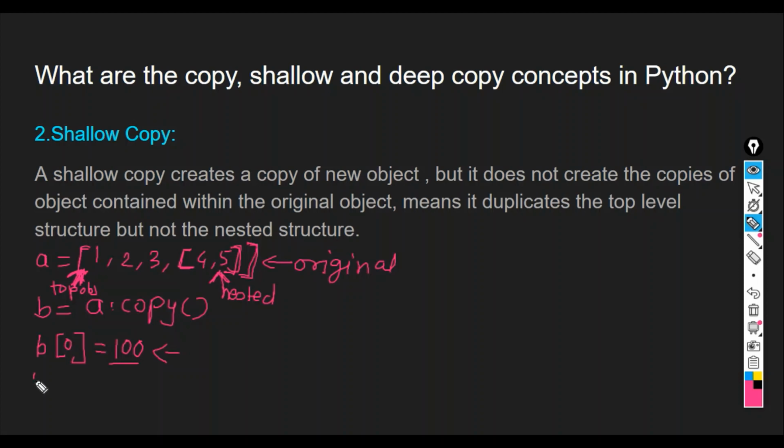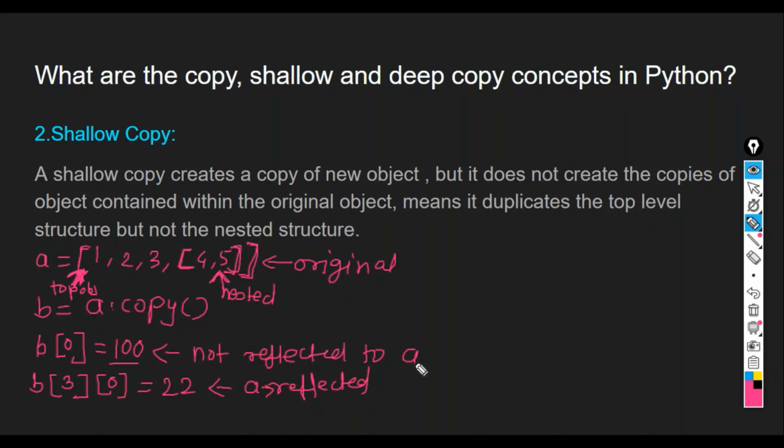But if you are doing a change to this nested list, for example the third element, and in this list you are changing the 0th element, this change will get reflected in B, and it will not be reflected to A. Why?